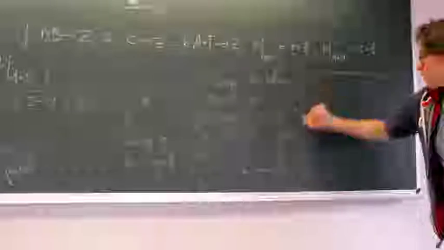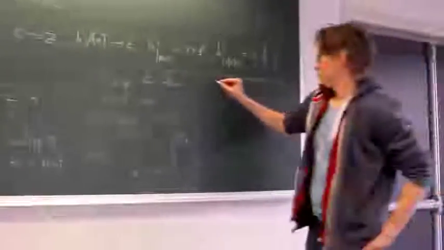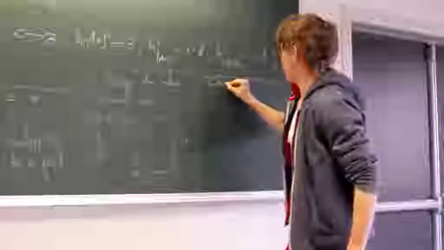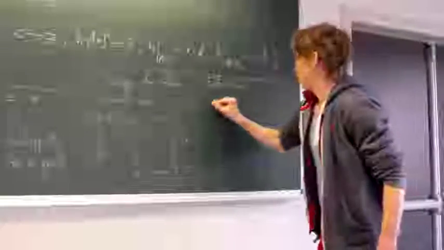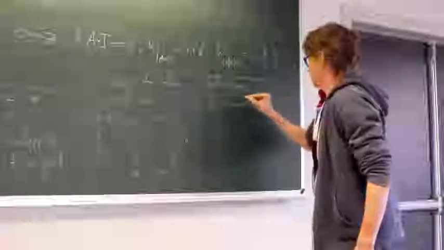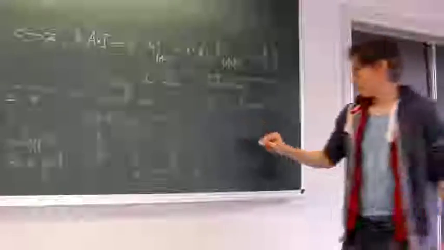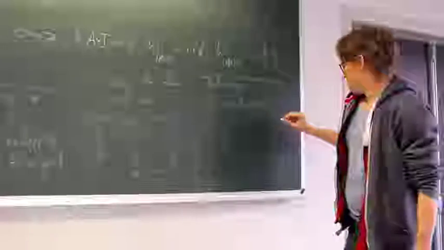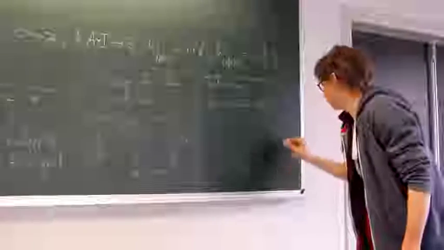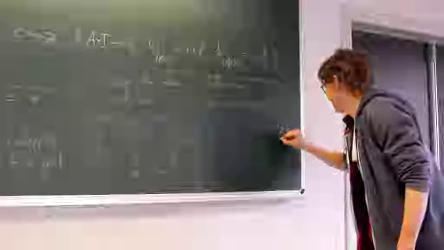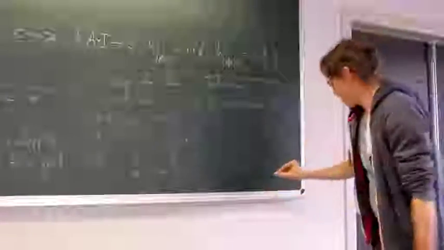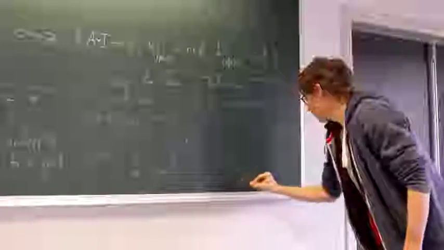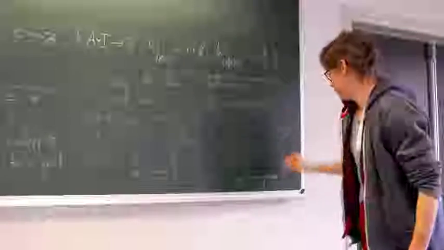And more generally, we can factorize any map like this, f from X to Y. We take the same path fibration that we had here, and we take the pullback along our f.